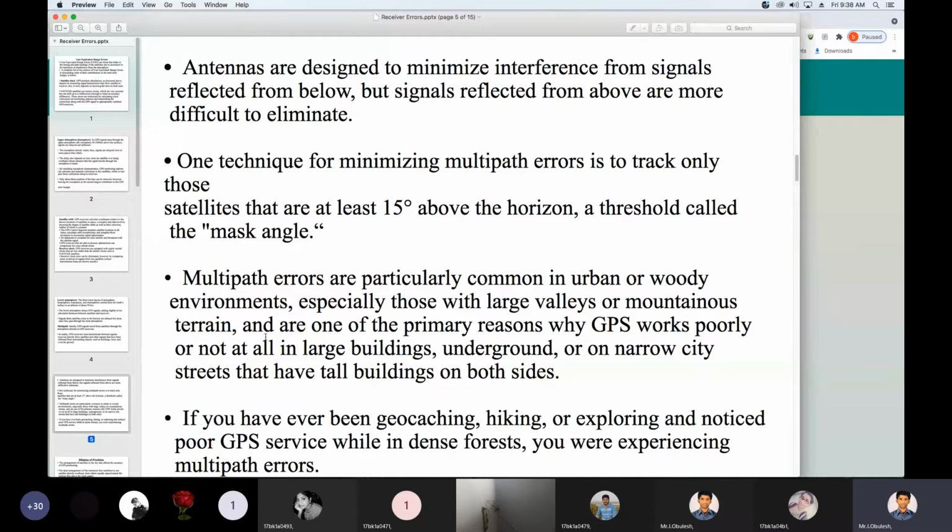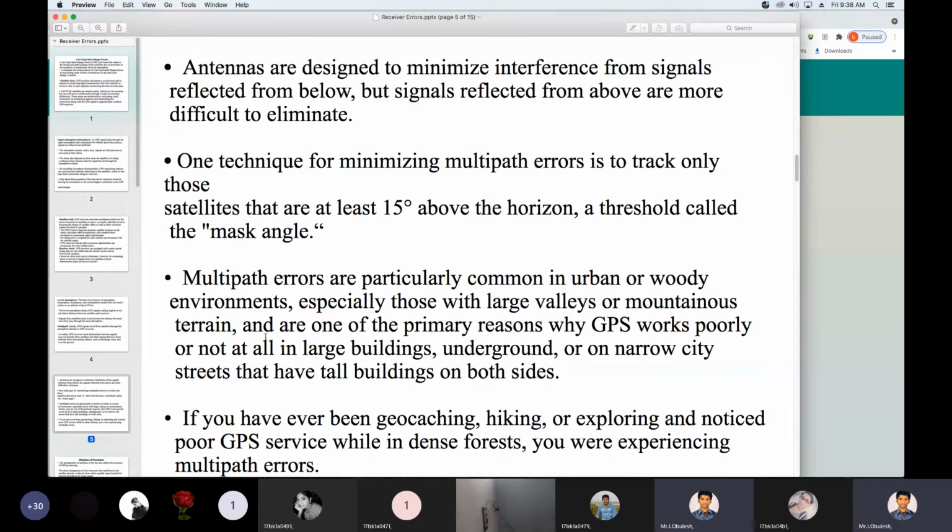Antennas are designed to minimize interference from signals reflected from below, but signals reflected from above the reference level are more difficult to eliminate.